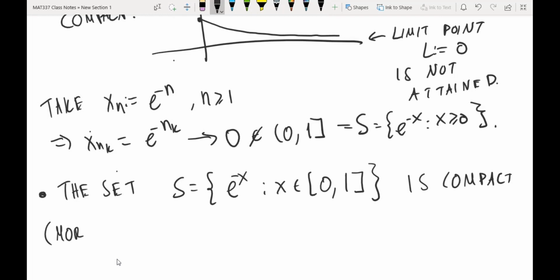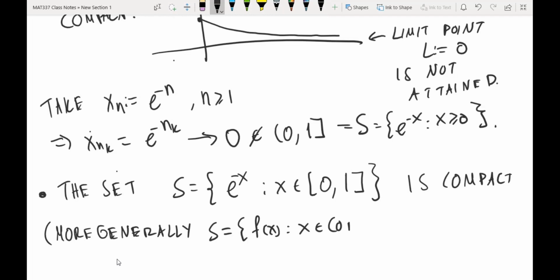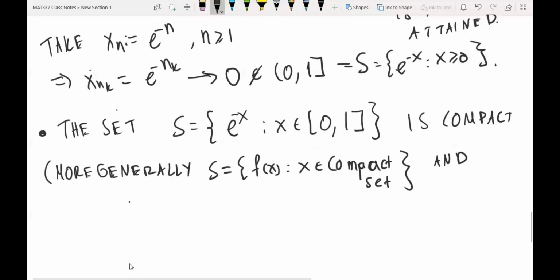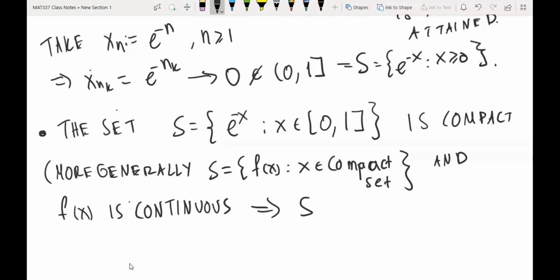More generally, we'll prove in the future that if S is of the form f of x, where x is in a compact set, and f is what is called continuous, which we'll talk about later, then S is also compact. It's called the Heine-Cantor theorem. So we'll prove this next time.